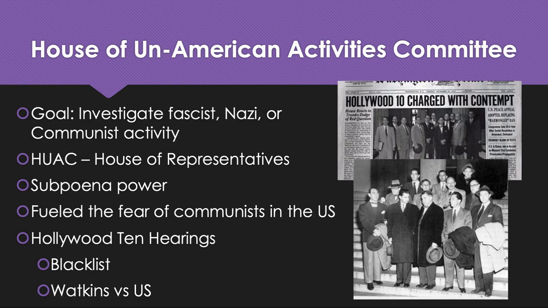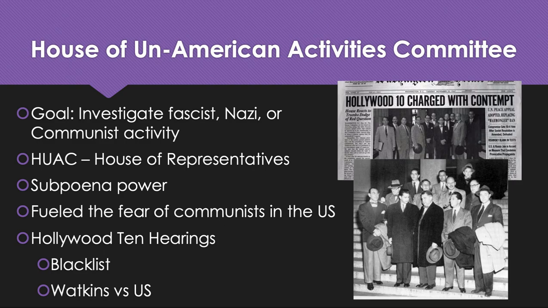Individuals who refuse to answer the committee's questions or provide names could be indicted or found in contempt and be sent to prison. So they may just not want to talk, not because they're communist or not, but if they refuse, then they could be arrested.